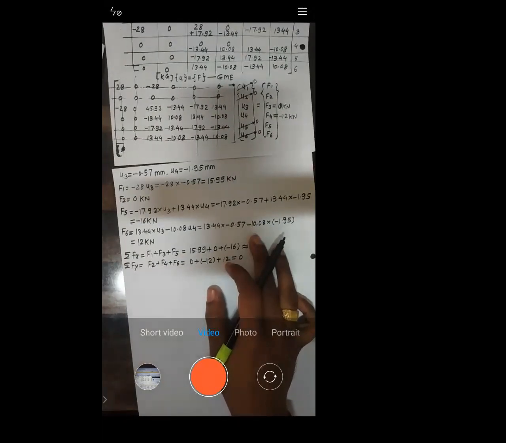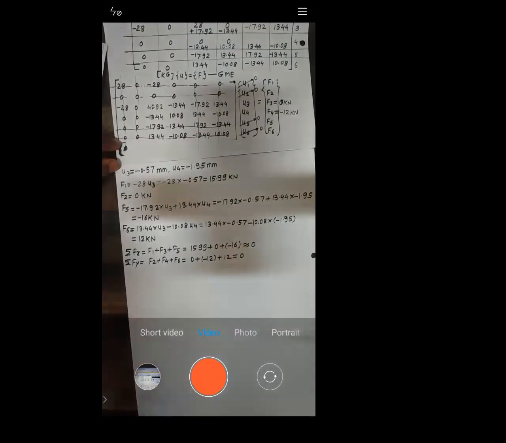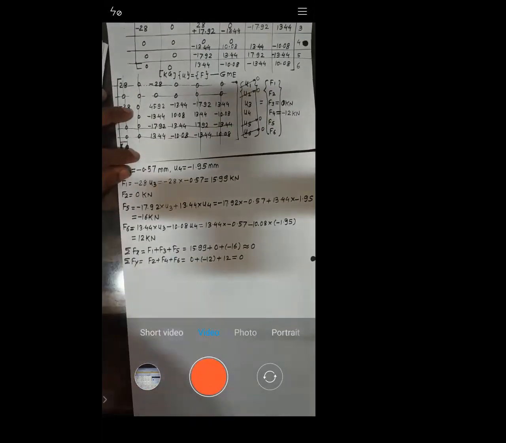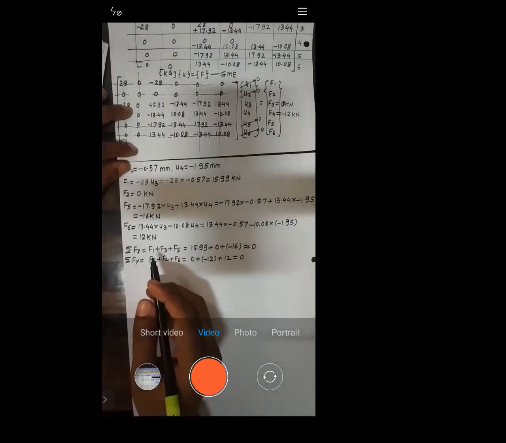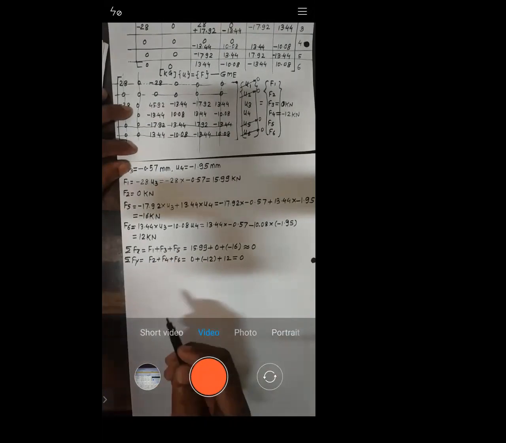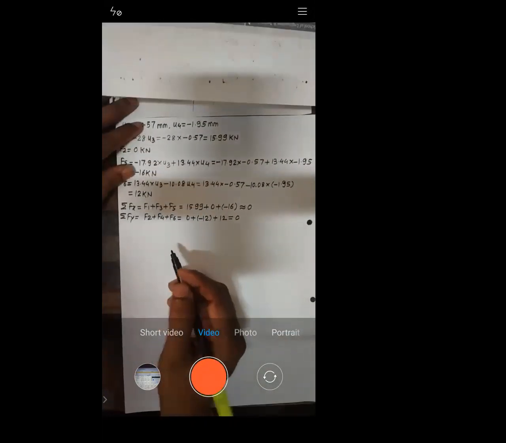For stress, they have given the formula. Otherwise, before calculating the stress, let's calculate the strain.